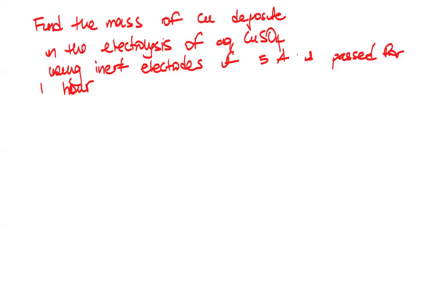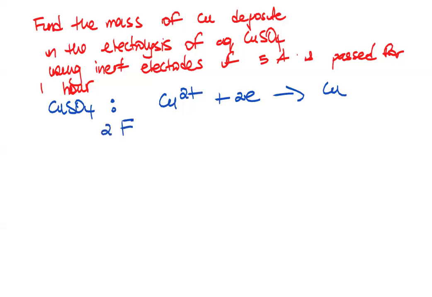Okay, so copper sulfate, the equation at the cathode will be Cu2+ + 2e- → Cu. Tell me now, how many Faradays will give me 1 mole of copper? Answers in the chat. Very good. 2 Faradays is equal to 1 mole of copper. You all agree with me? This is 2 here.